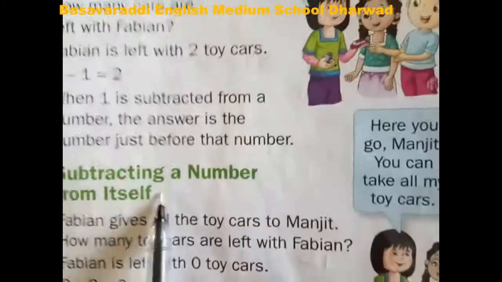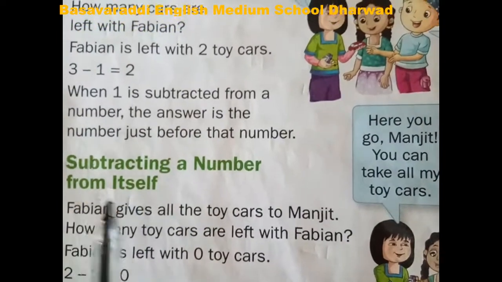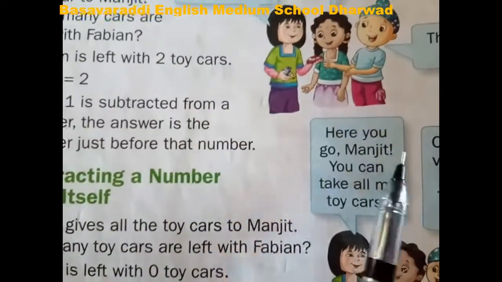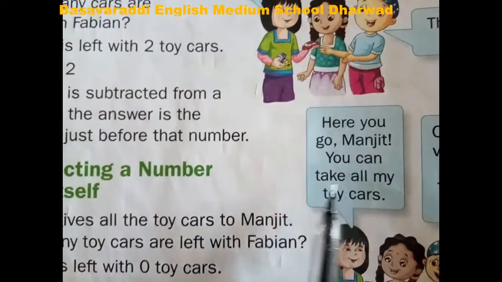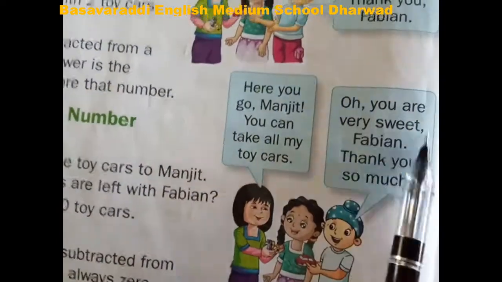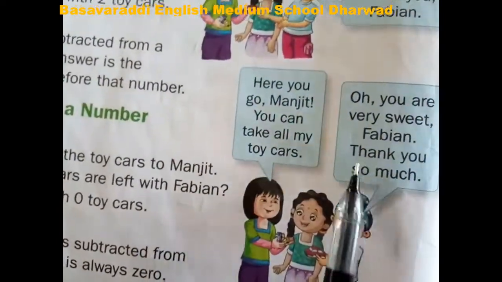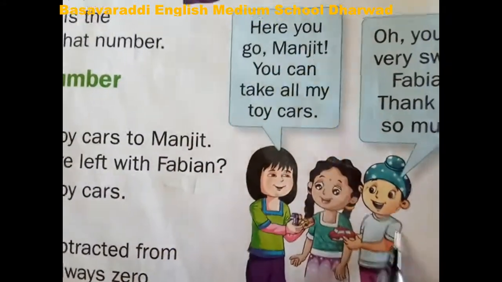Now subtracting a number from itself. Fabina says, Manjeet, you can take all my cars. Oh, you are very sweet, Fabina. Thank you so much. She is giving all cars to Manjeet.